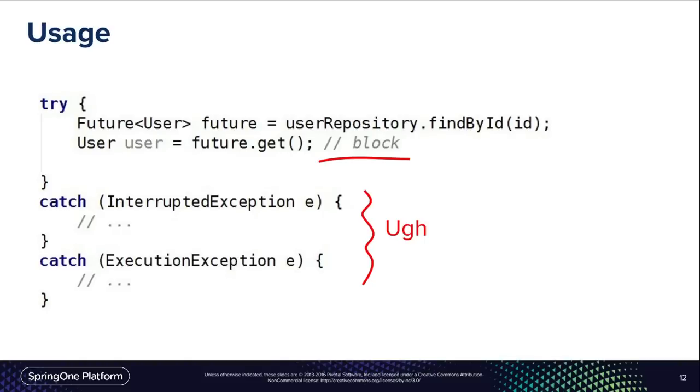But if you have multiple calls and you have interdependent asynchronous calls, then you're stuck waiting for the first one to complete, because you have to say get and then use the result of that to make the next call. There's no way to compose that logic up front without blocking on any one of those futures. So ultimately, the Java future isn't really non-blocking.